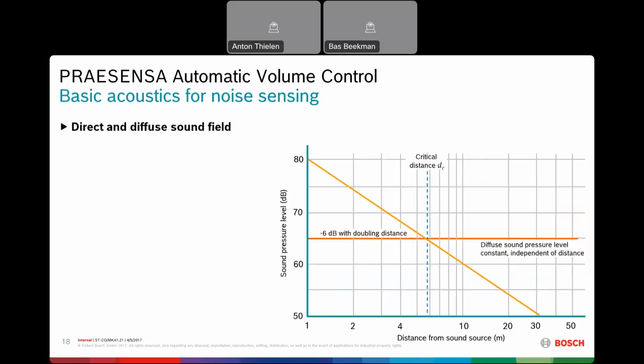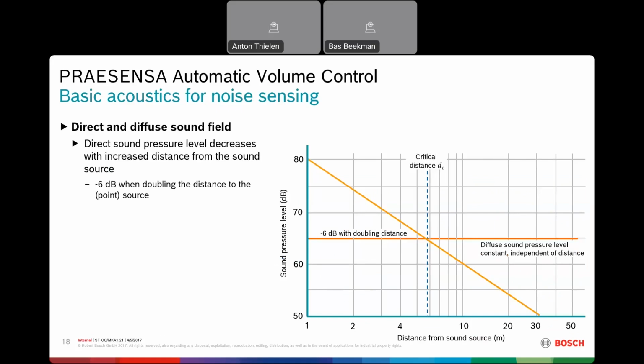What is important now for this automatic volume control is also the combination of the direct and diffuse sound fields. At the left side, you see the direct sound pressure level, which decreases when the distance is doubled, and for every doubling of distance it goes minus 6 dB, as I mentioned in my previous slide.